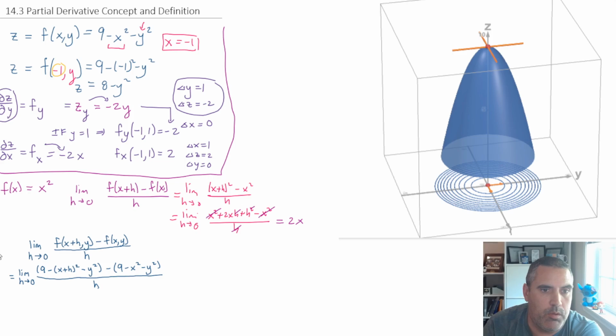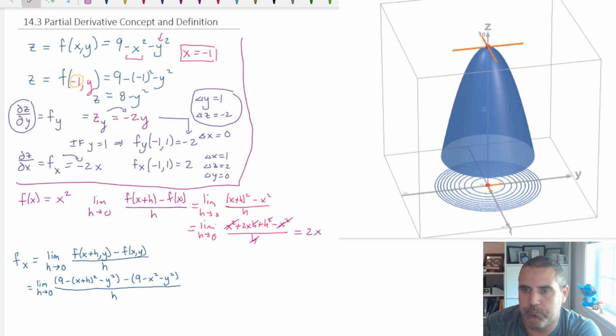So when I say I want the partial with respect to x, what we mean by that is we're actually fixing this variable. It's a constant. And the only variable we're considering is x. And it's actually the exact same definition.